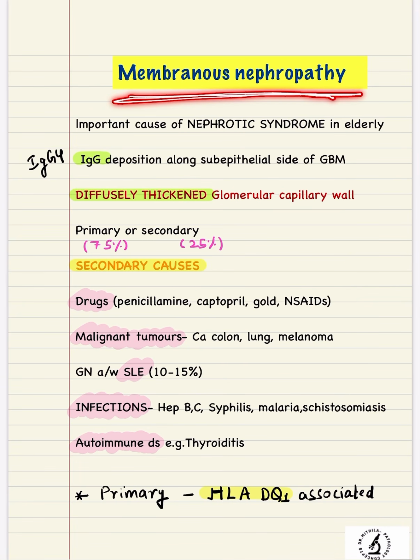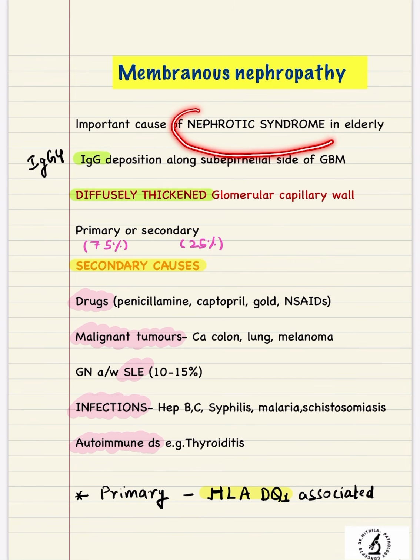So membranous nephropathy manifests as nephrotic syndrome, with proteinuria, edema, hypoalbuminemia, hyperlipidemia, lipiduria, all these things.